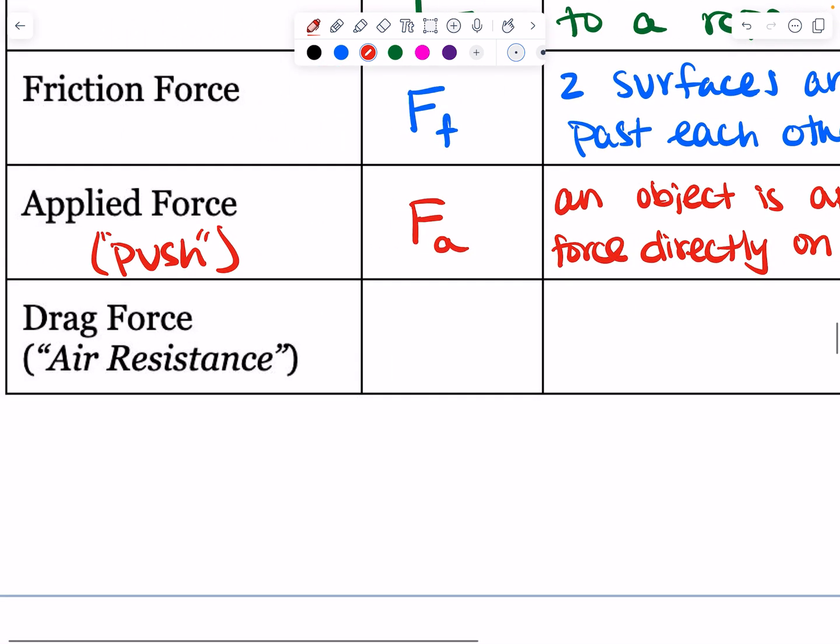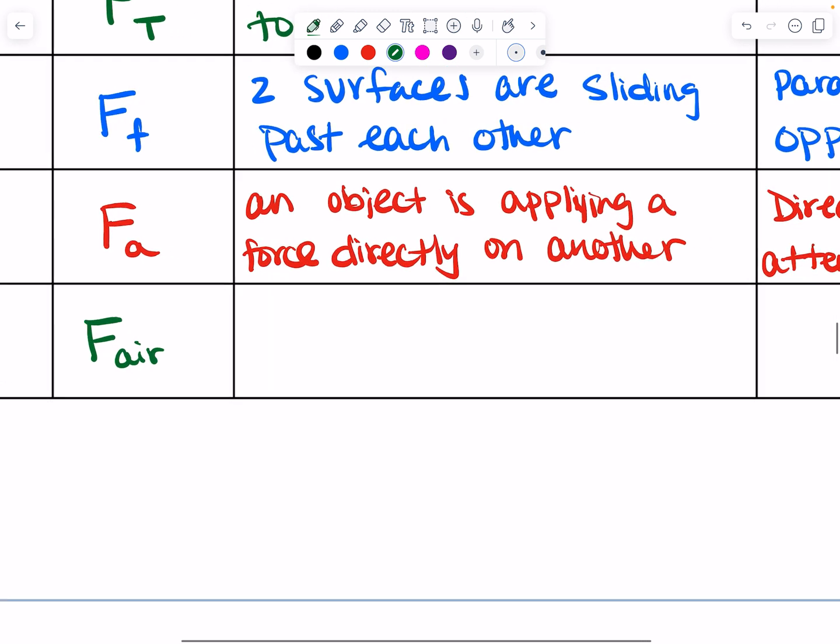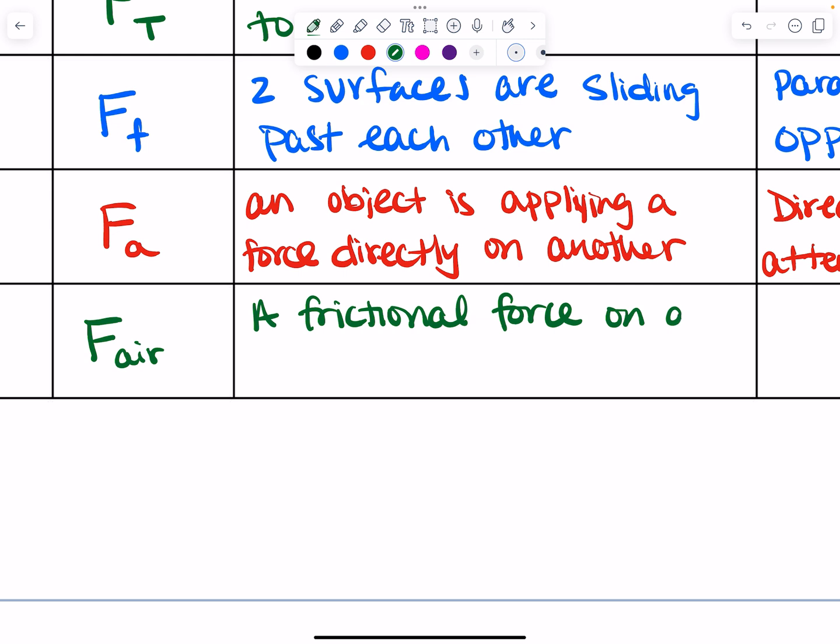And finally, our drag force, also known as air resistance, we'll symbolize it by capital F sub air. It is also a frictional force, right? And this time it's a frictional force on an object traveling through a fluid.